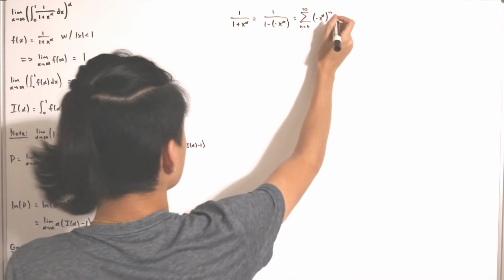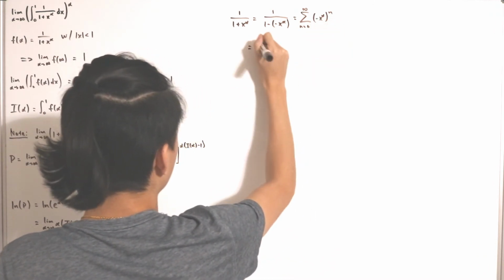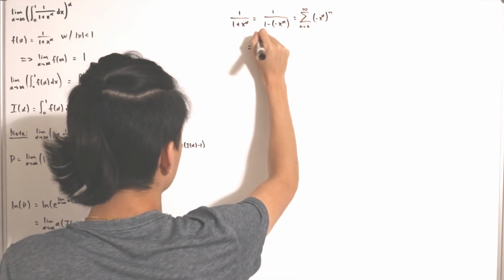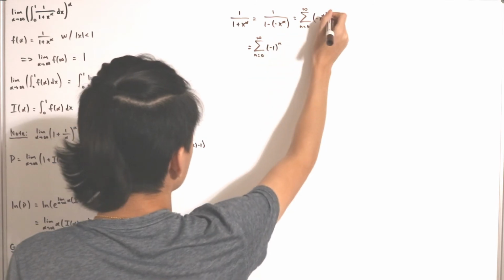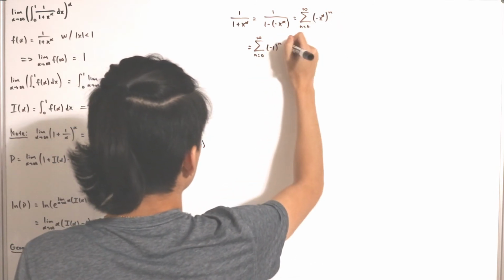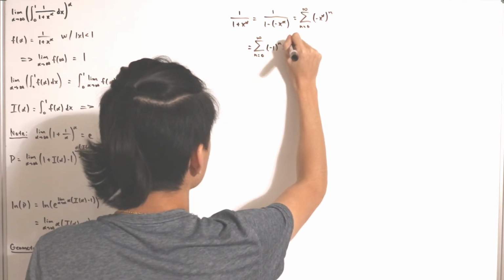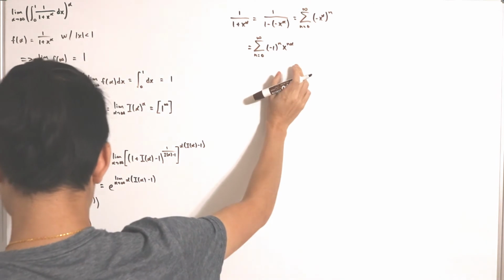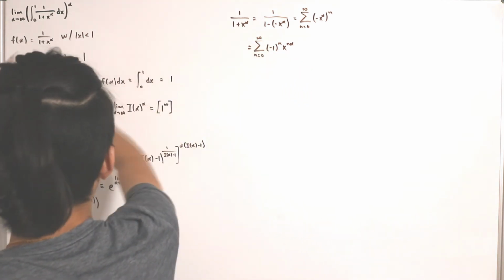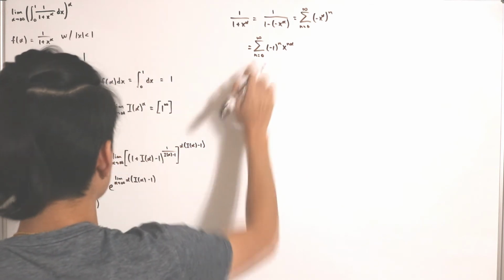And then just distribute the n to the inside, and so we get the summation from n equals 0 of -1 to the n, since n is being distributed here as a factor as well, and then x to the power of n times alpha. Now that we have that, we can go back to our I of alpha right here and just substitute with our series.